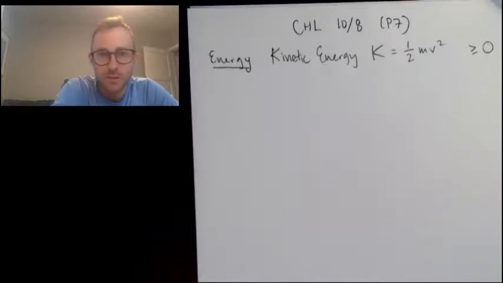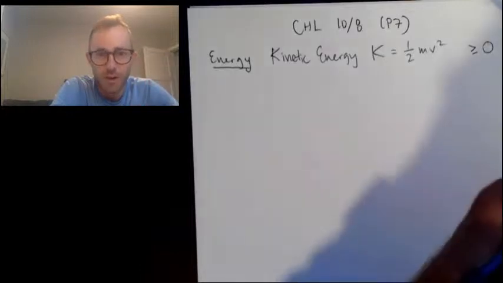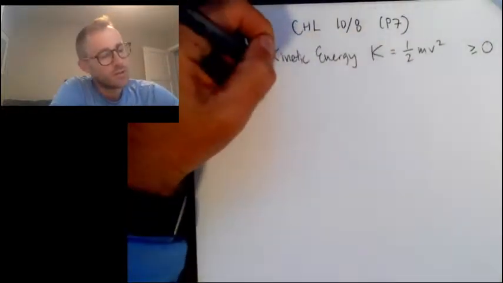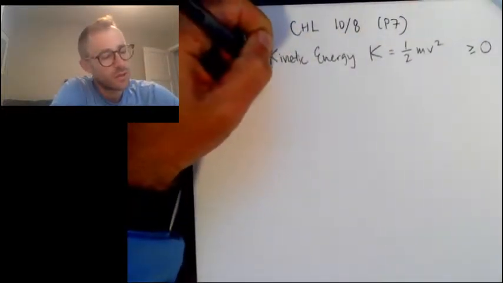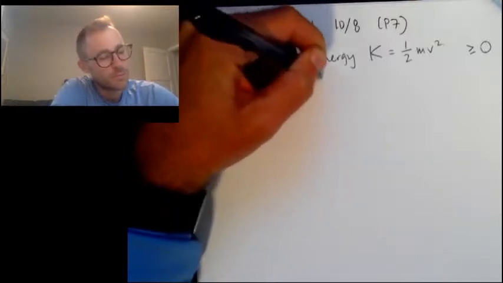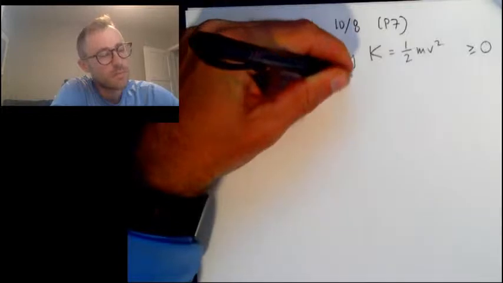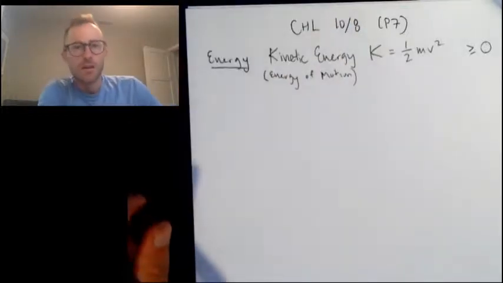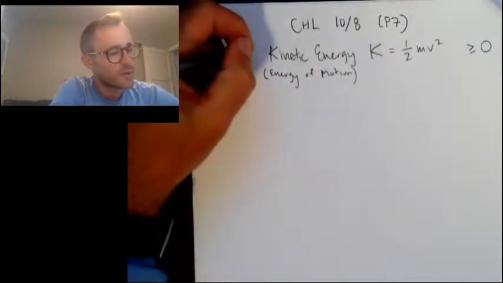If it equals 0, that means you are at rest. And so for this reason, kinetic energy is often called the energy of motion. Okay? So that's one form of energy.